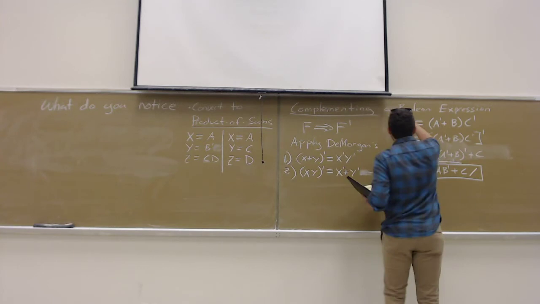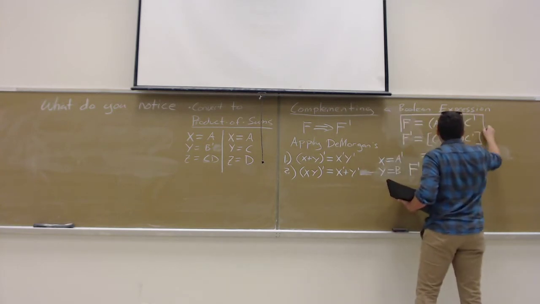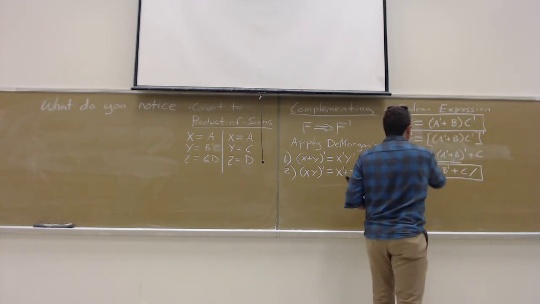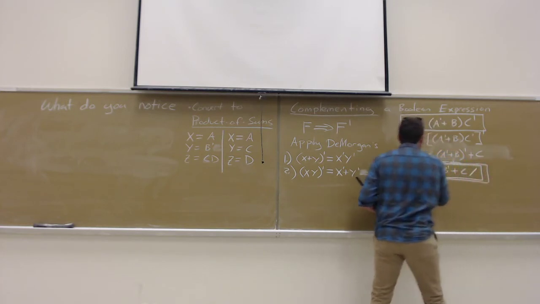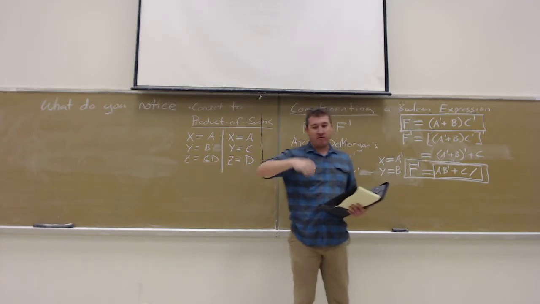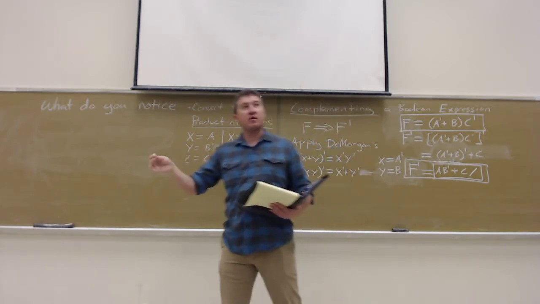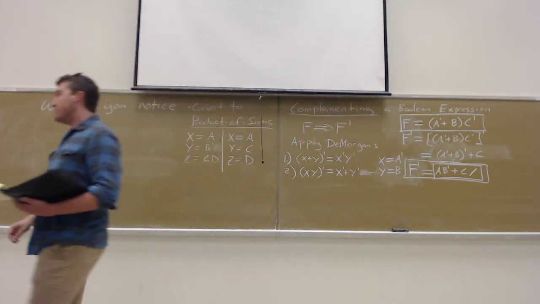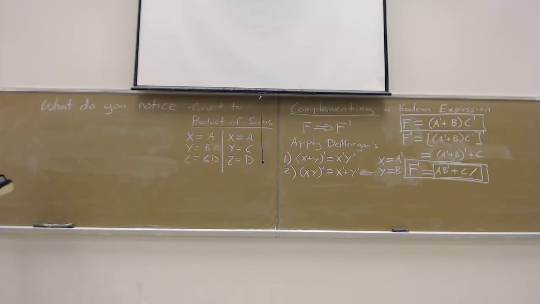While yes, if you start with one standard form, your complement will end up in the other standard form, it is not a conversion. We're flipping the function over and changing the truth table. So you can't use this as a technique to convert from one form to another.